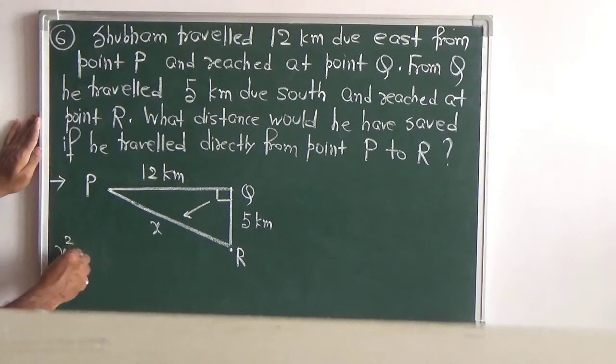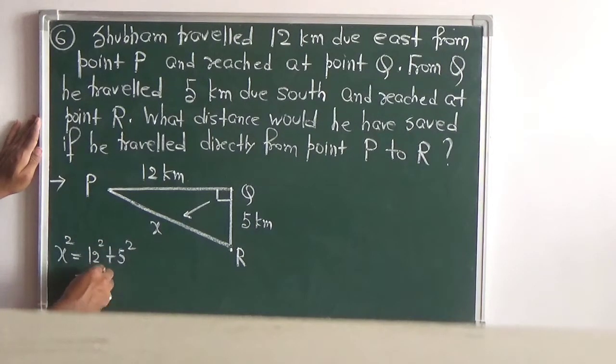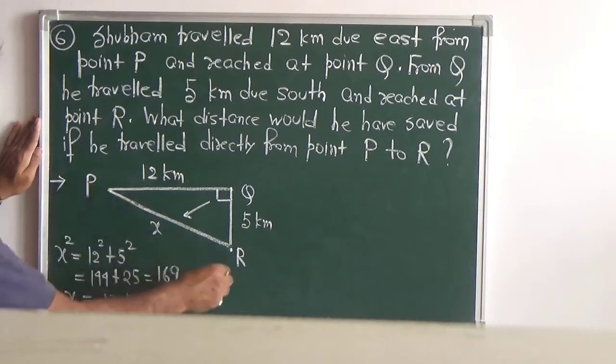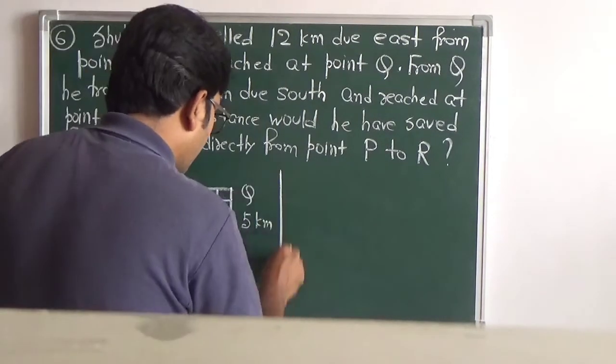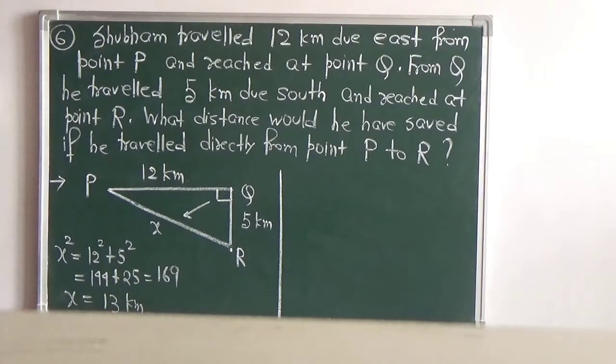So x square is equal to 12 square plus 5 square, that is 144 plus 25, that is 169. So x is 13 kilometers. So this is 13 kilometers from P to R if he moves directly. What is the distance saved? The total distance covered is 12 plus 5, that is 17 kilometers.